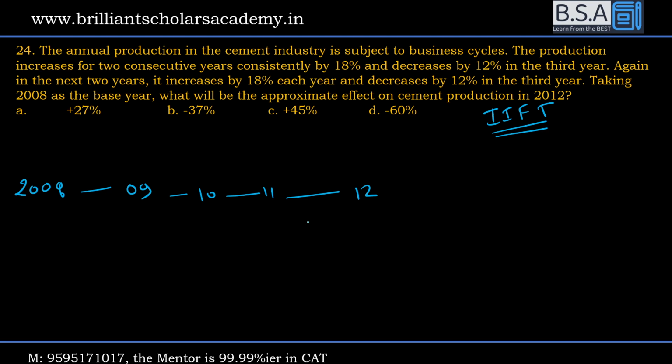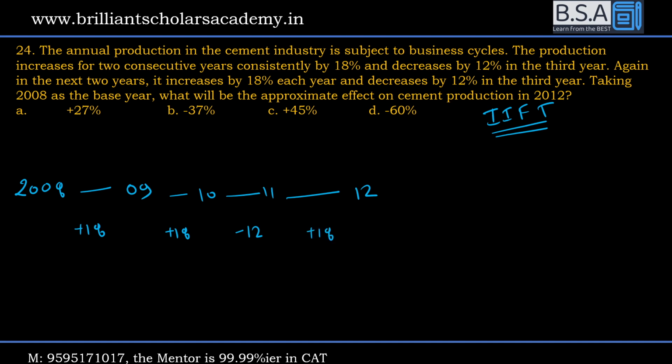What is the change in the first year? Plus 18%. What is the change in the next year? Plus 18%. What is the change in the next year? Minus 12%. What is the change next year? Plus 18%.